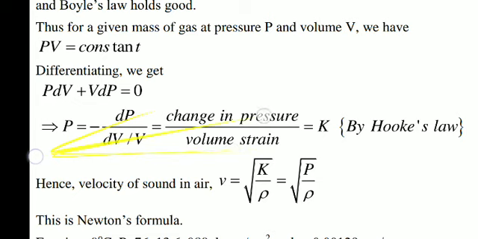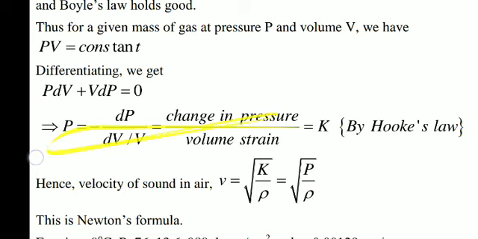Change in pressure is nothing but stress, since pressure is force applied per unit area. So stress divided by strain, that is volume stress divided by volume strain, is equal to the bulk modulus, and that is nothing but K. This we can write with the help of Hooke's law. So here we have found P is equal to K.